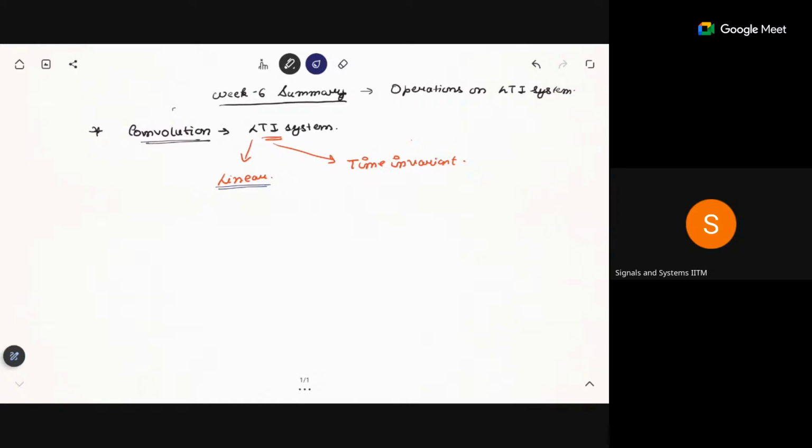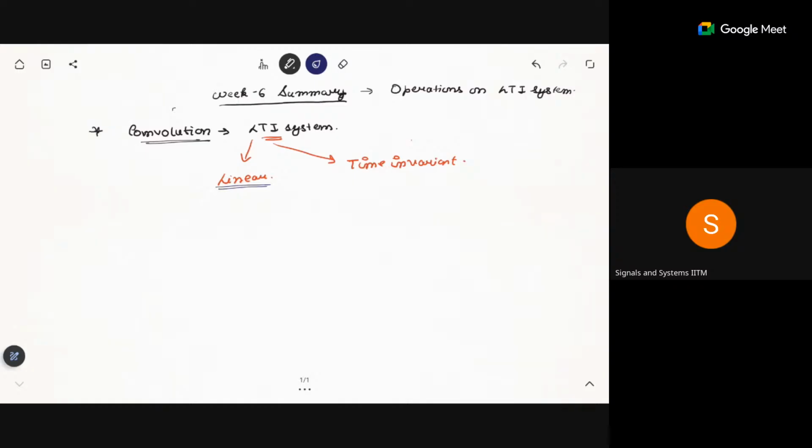Till week 4, we were discussing signals, all operations and transformations about signals. Then you have now advanced to systems. What are the different types of systems, and what operations are done on a system, like causal, non-causal, variant, non-invariant, all those.